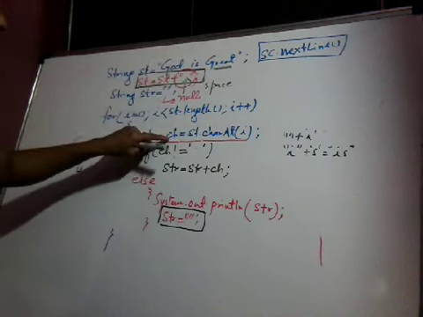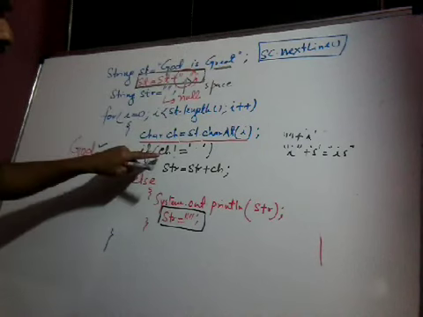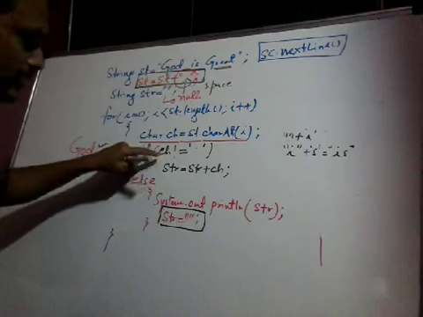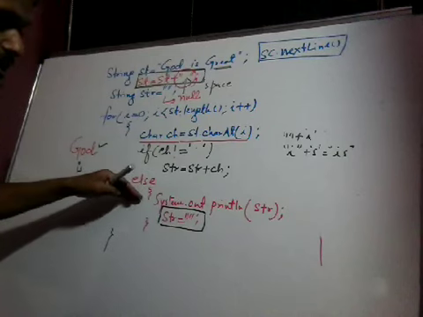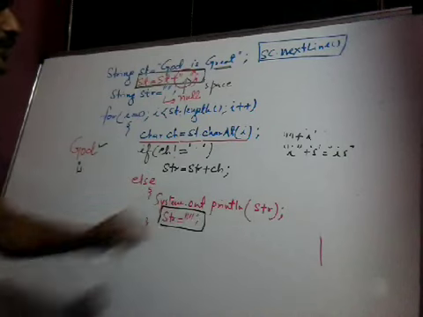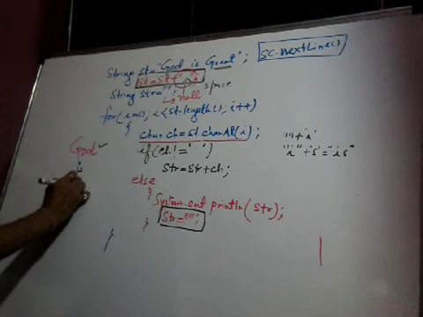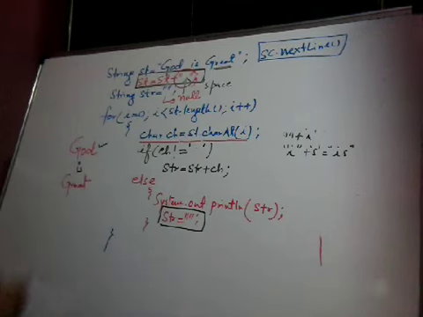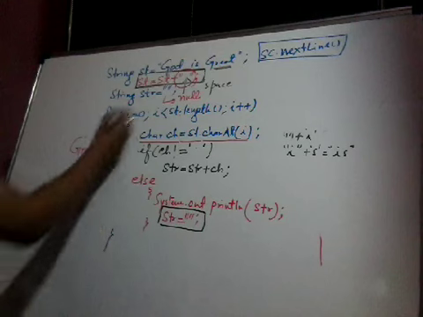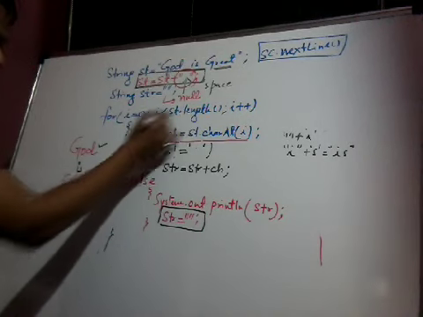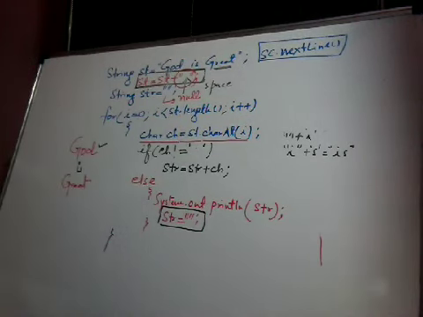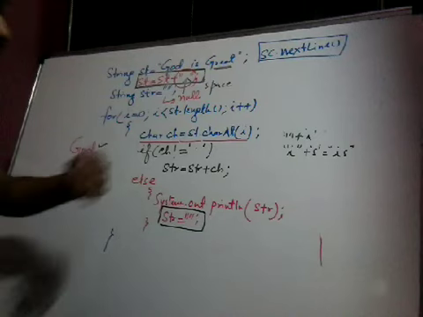When ch extracts that character, this condition becomes false. When the condition becomes false, it will go to the else part. It will print str. The value of str will be great. Then str will be null. Again it will go, the condition becomes false. Exit from the loop.